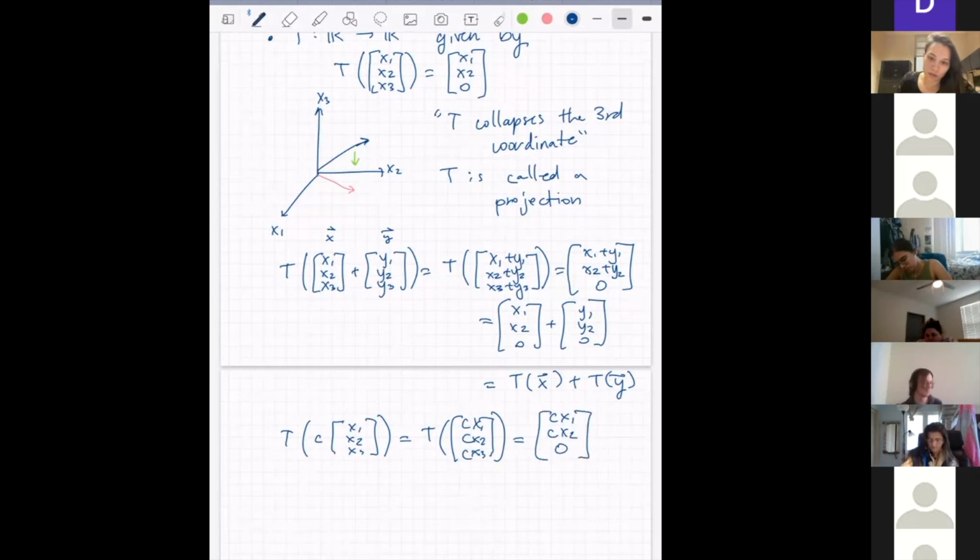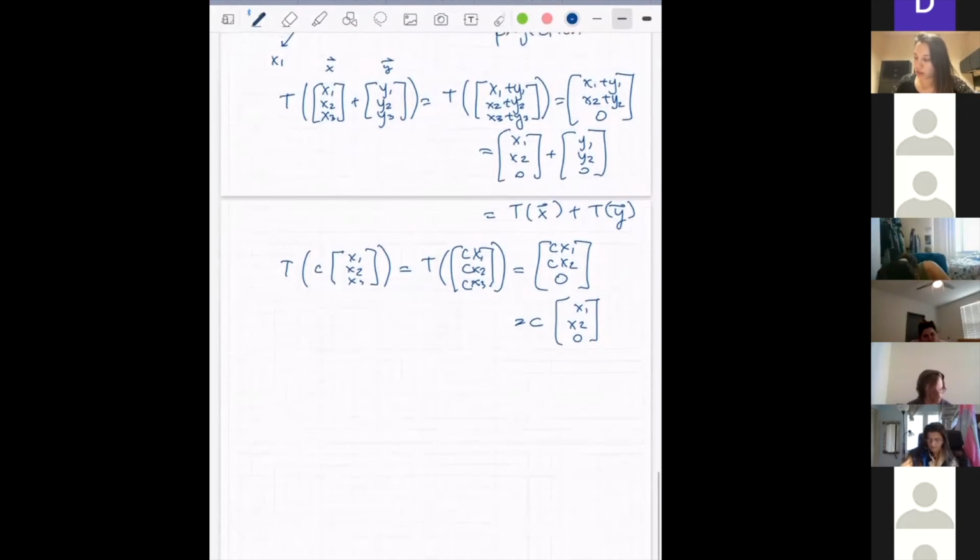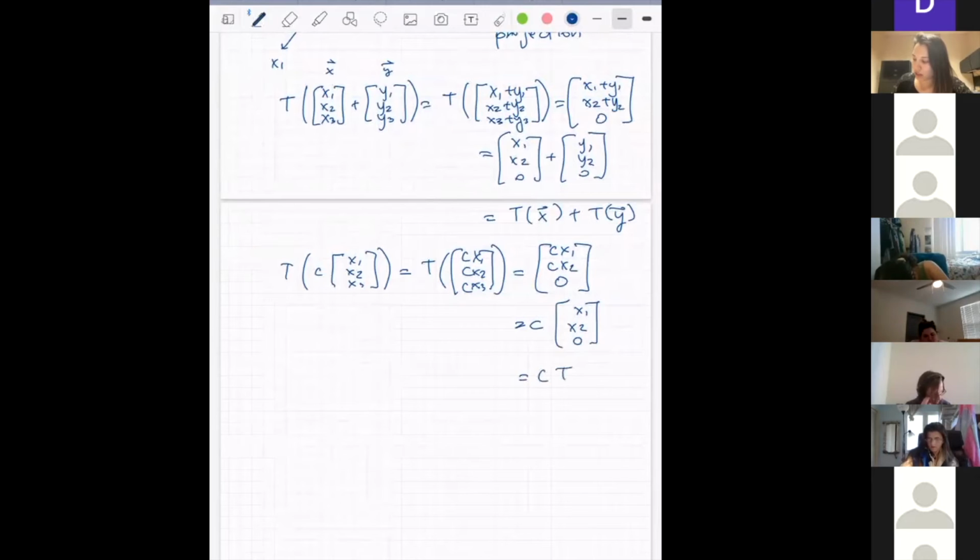And 0 we can also see as being c times 0, right? So we can pull that c out and get c times x1, x2, 0. And that is c times t of x. So first property, second property, so t is a linear transformation.